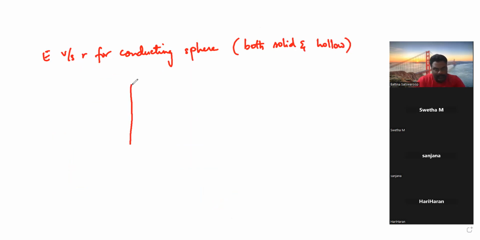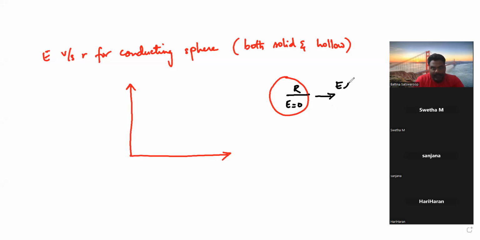What happens? Take a sphere, a beautiful sphere. What is inside? Nothing is inside, so it is 0. Correct? After reaching the surface, only then will it be proportional to 1 by r square.